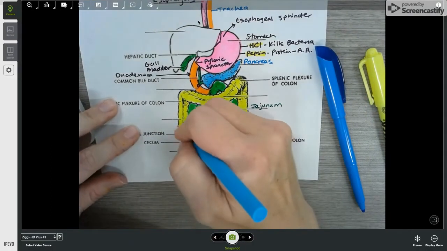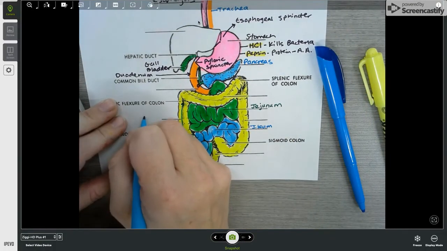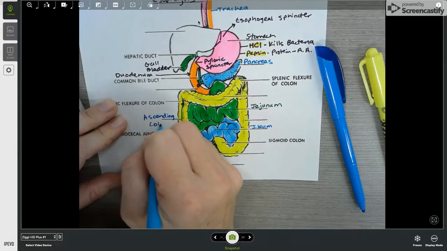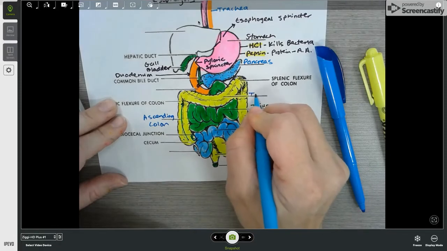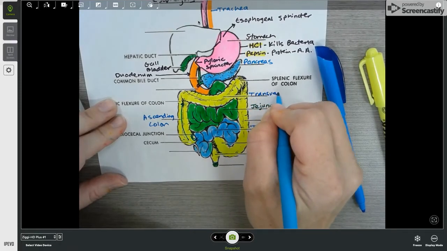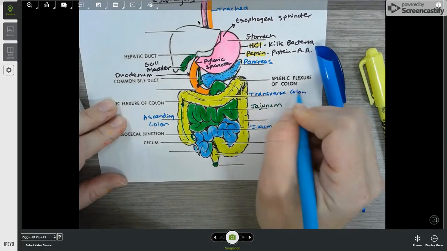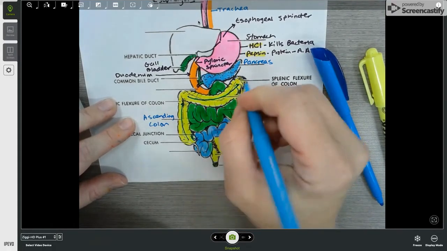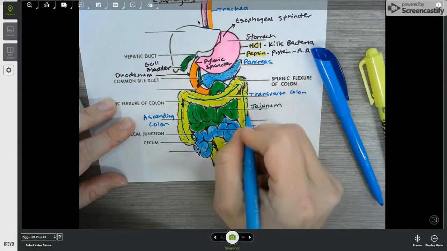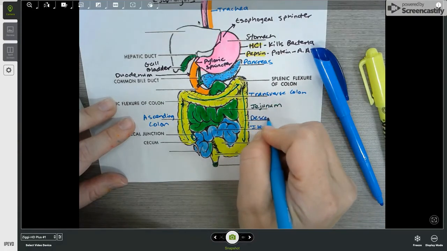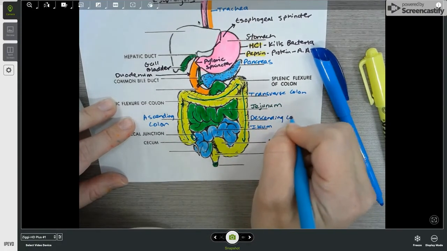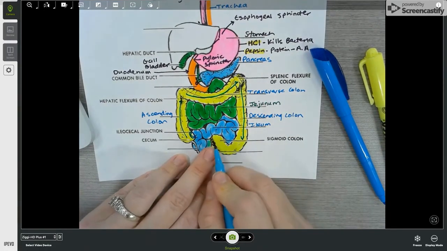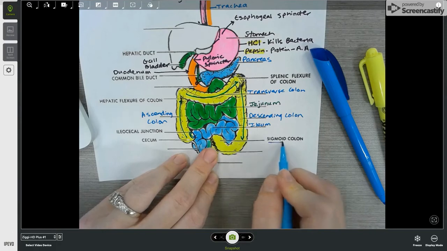You have it first going up, so this is called the ascending colon because ascend means to go up. Here you have your transverse colon. And then it goes down, so this one's side to side. Going down is your descending colon. This region right here, that is somewhat horizontal, is called your sigmoid colon.